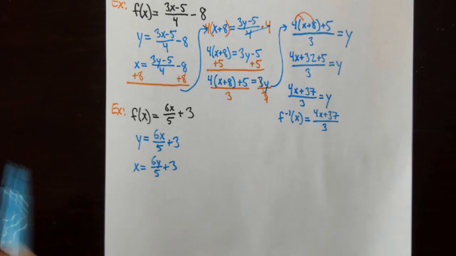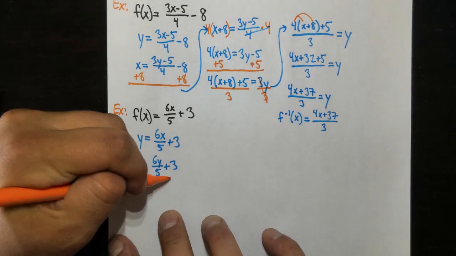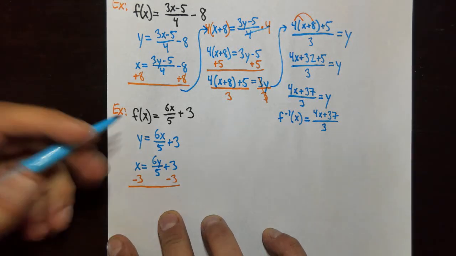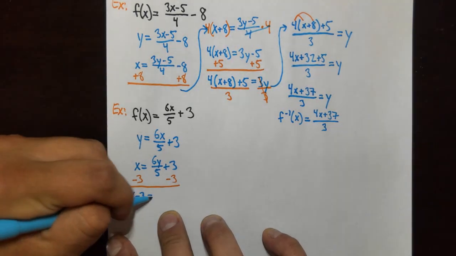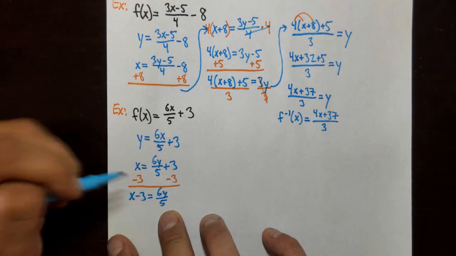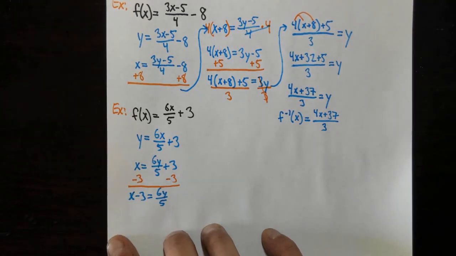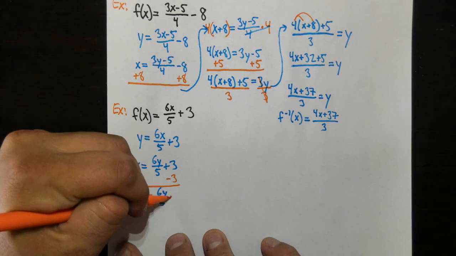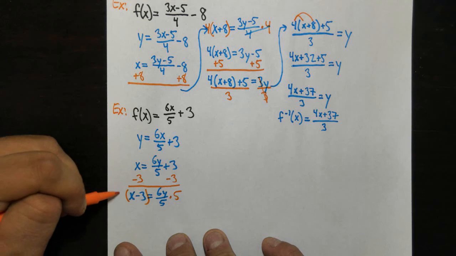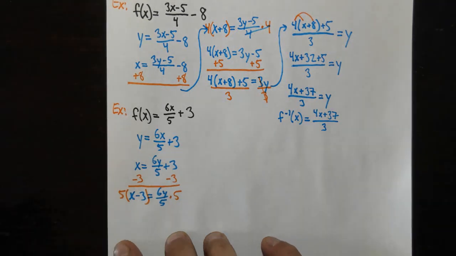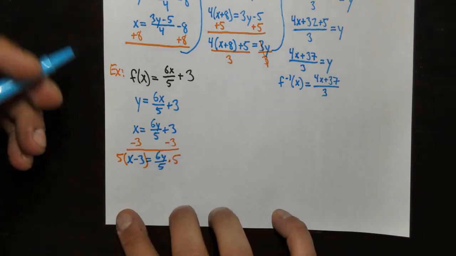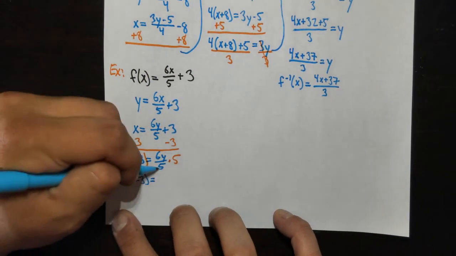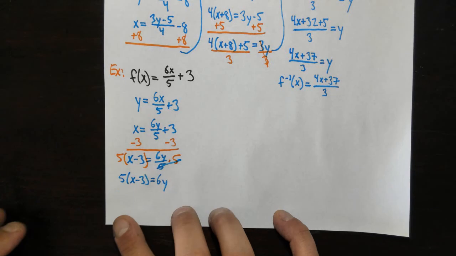So again, we want to get the y term by itself, so we're going to subtract this 3 over x minus 3 equals 6y over 5. And then we're going to multiply both sides by 5 to get rid of that fraction there. And let's see, we're going to have 5 times (x minus 3) equals, and this cancels, 6y.